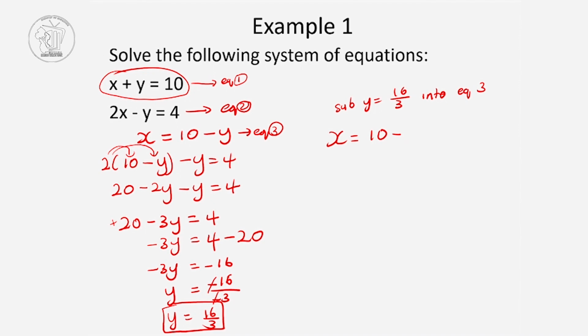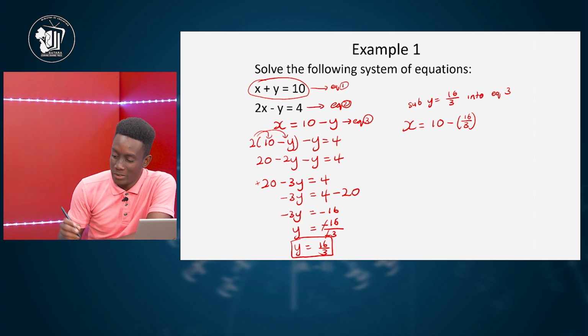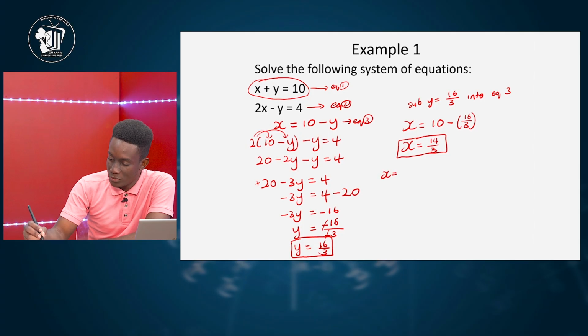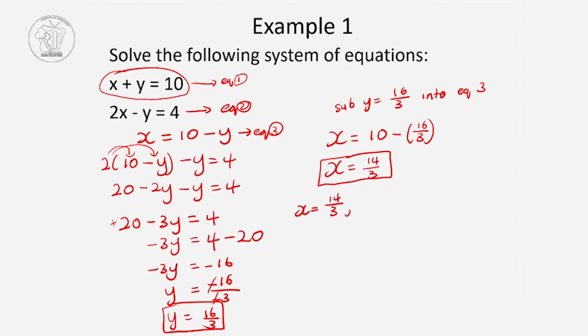So 10 minus y would become 10 minus 16 over 3. If we punch that in our calculator, we'll have x is equal to 14 over 3. And that is our value for x. So we have x is equal to 14 over 3 and y is equal to 16 over 3.